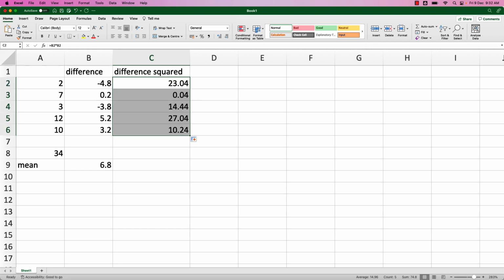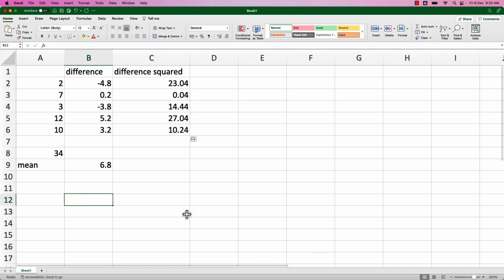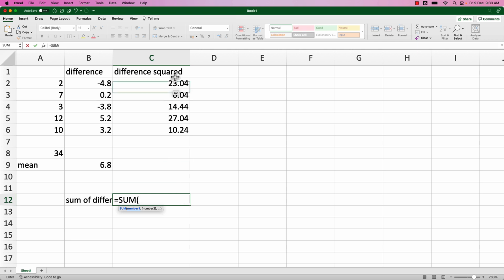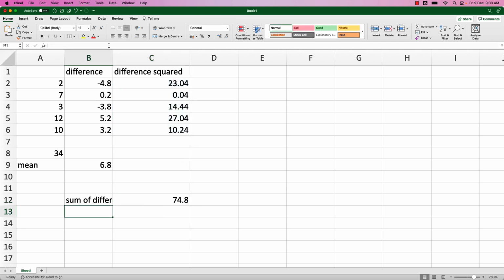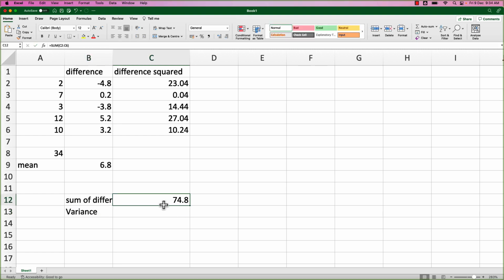Now, once I have the differences, I'm going to divide by the number of data points. Here, the sum of the differences squared is 74.8. In order to calculate the variance, I divide this sum by the number of data points.